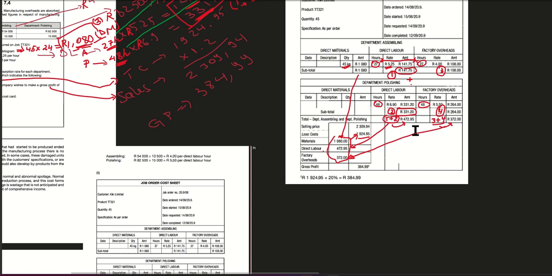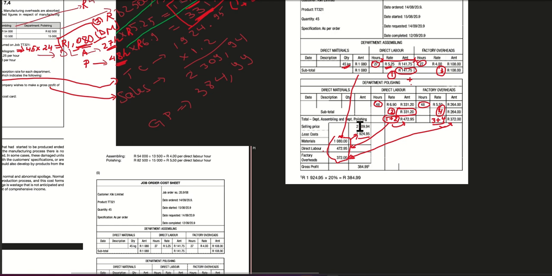We add this amount for assembling and polishing direct labor. We add this amount for factory overhead for assembling and polishing. We add them together. All these amounts, they come here.